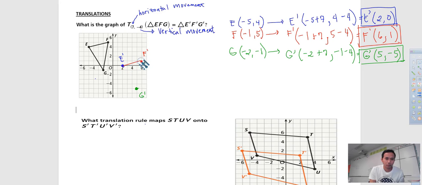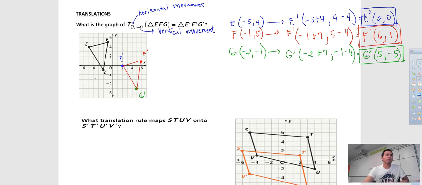There you go. So this is now the translated pre-image that we have. So this is now your image. So you translate your image 7 units to the right and 4 units down.